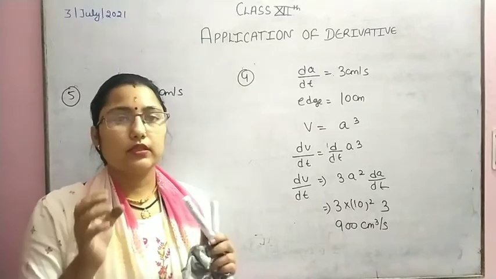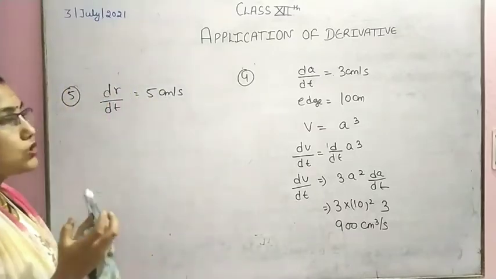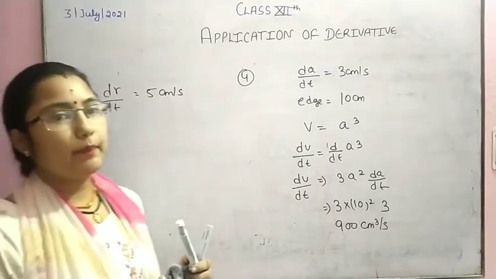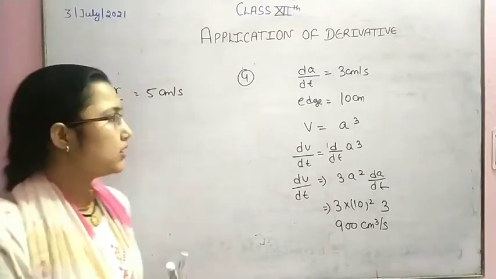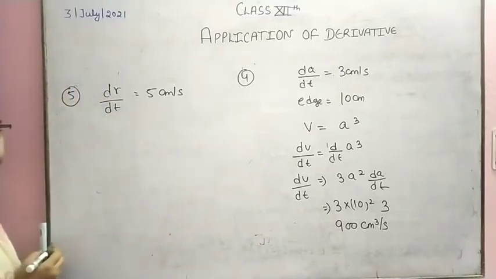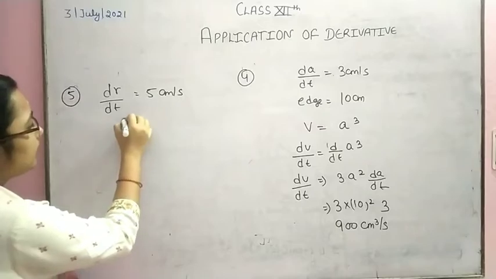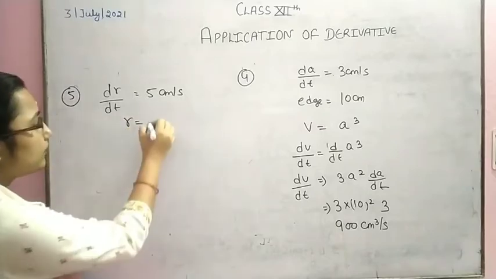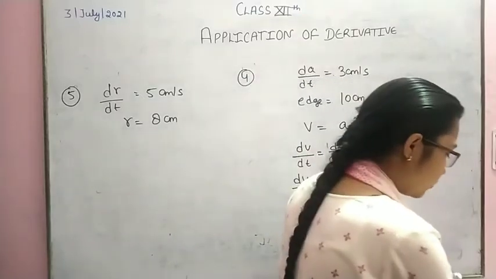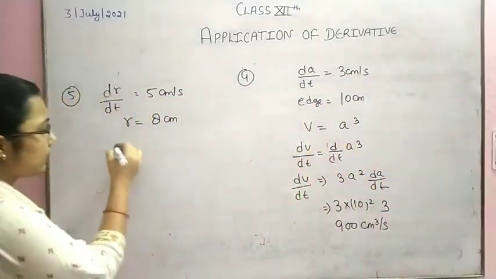So that means in the case of a circle, the radius is continuously changing. So the speed totally depends on the radius concept. So the rate of change of radius is given as 5 centimeter per second, and at the point of radius 8 centimeter we have to find the rate of change of area.